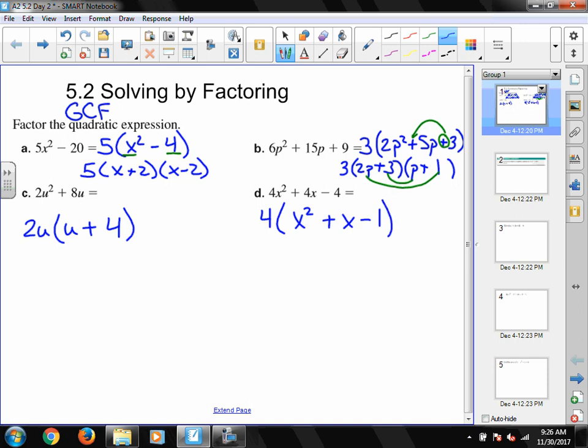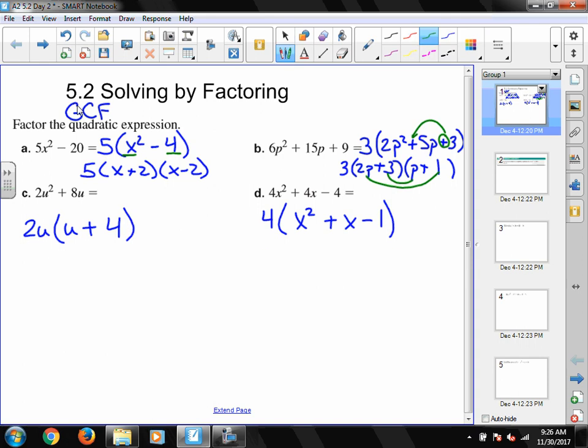Big mistake here is forgetting to leave a 1 there. A lot of people just want to leave it as x squared plus x and think that 4 is magically going to get at the end there. So double check yourself. Negative 4 divided by 4 is negative 1. So keep that in your expression.